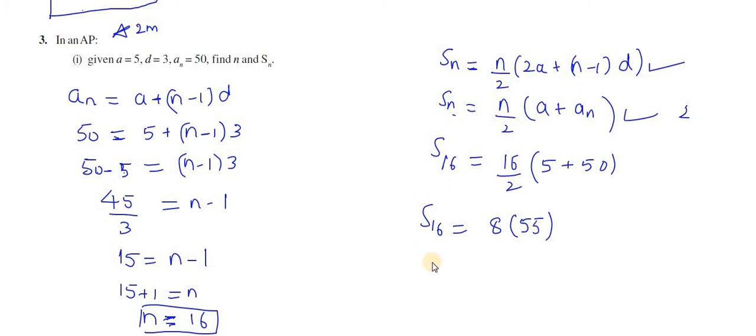It is nothing but 440. S16 is equals to 440. Is it clear? This is how we should do the problem. I hope all of you understood. Even if you use the first formula, you'll get the same answer, that is 440. Okay, we'll move to the next problem.